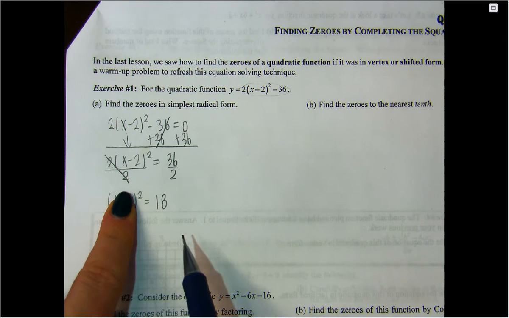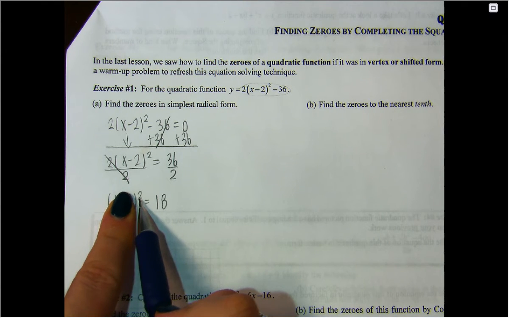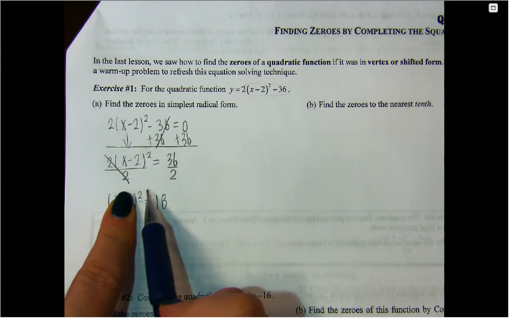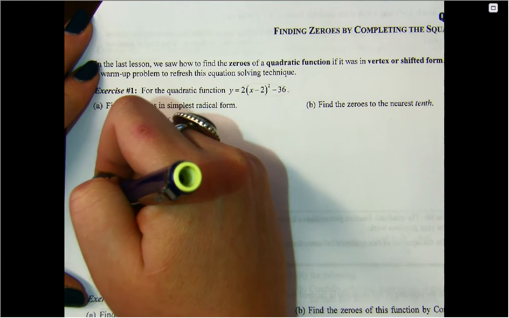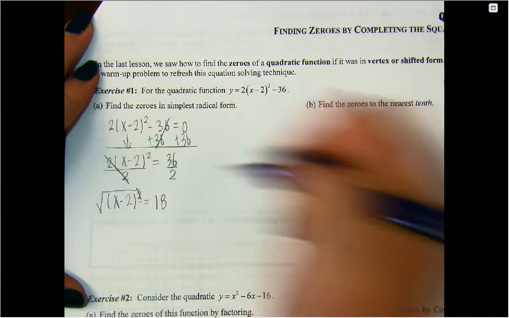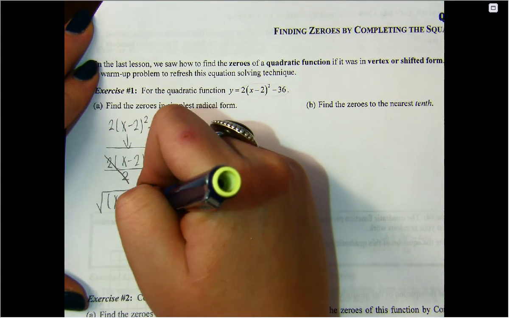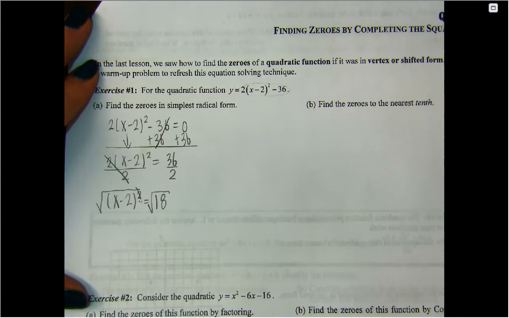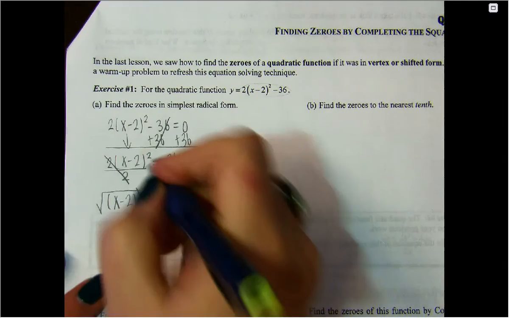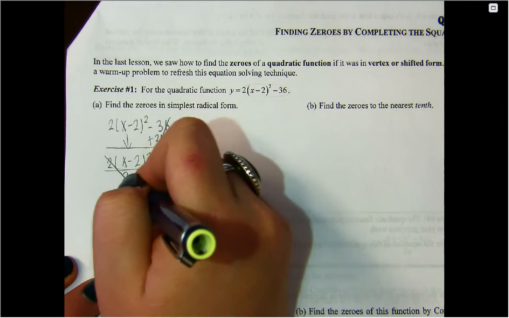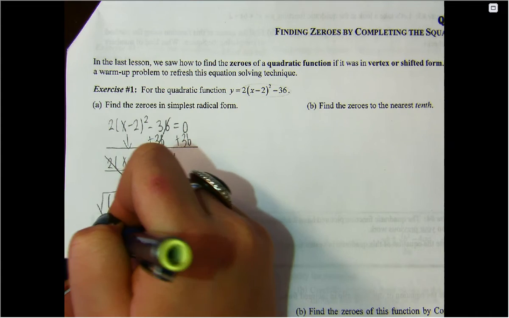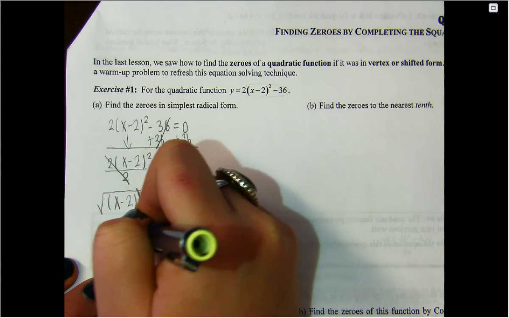So if I cover x, right, I have 2. So to undo the exponent of 2, I have to take the square root. That eliminates this. I have to do it to both sides because that's what equality is. When I take the square root, it eliminates the square on this side, so out comes x minus 2, right?